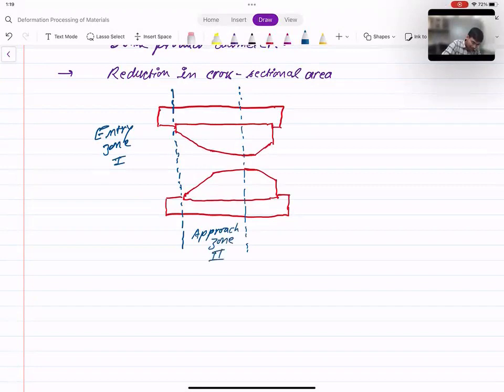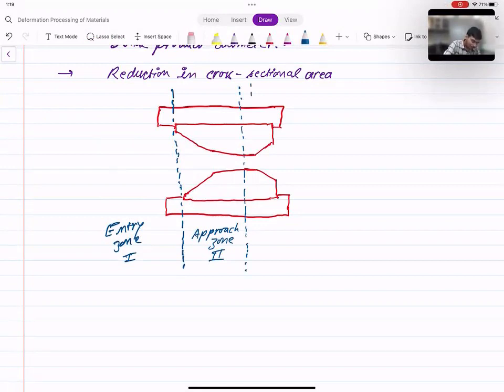This is the approach zone, or second zone. It brings the wire down to maintain the consistency. So these are the two zones.